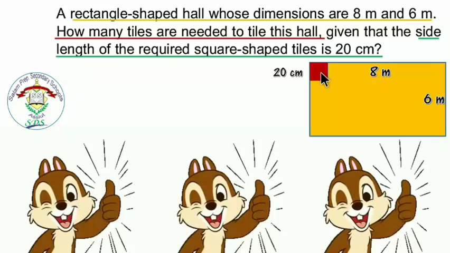Find the area of the squared tile, and then divide the area of the hole by the area of the tile to obtain how many tiles are needed to tile this hole.